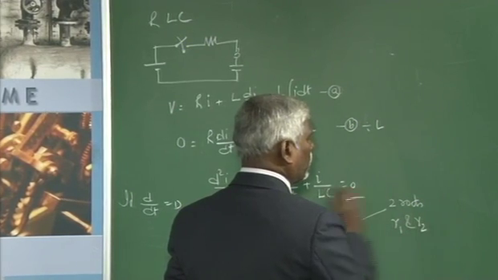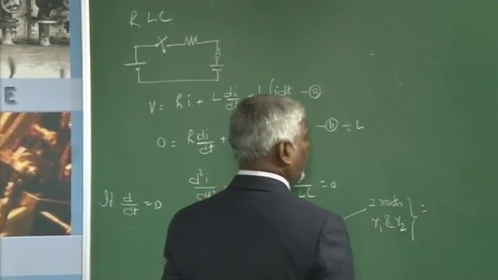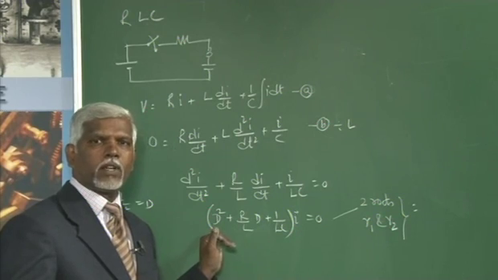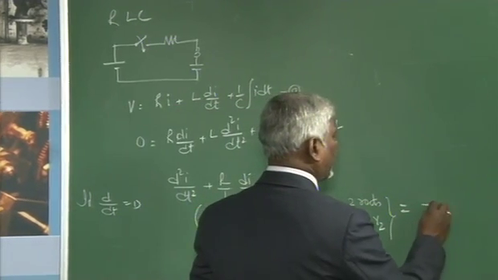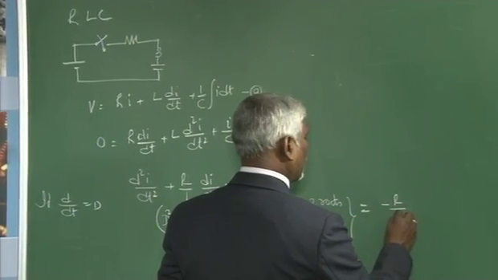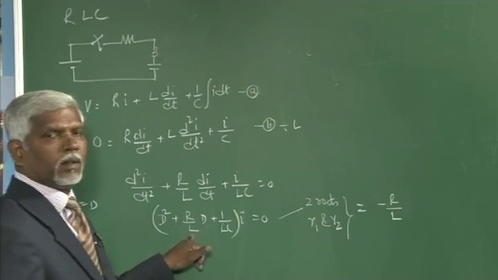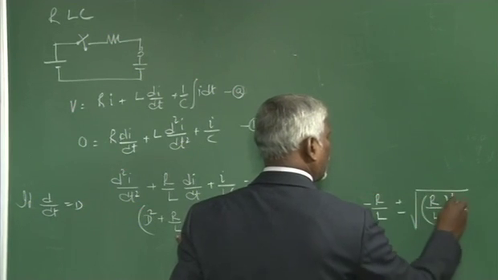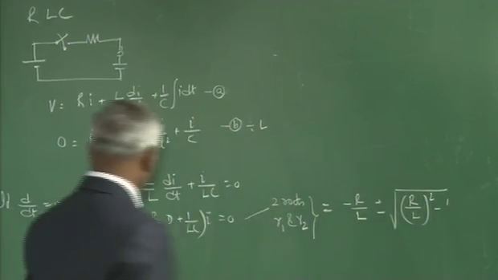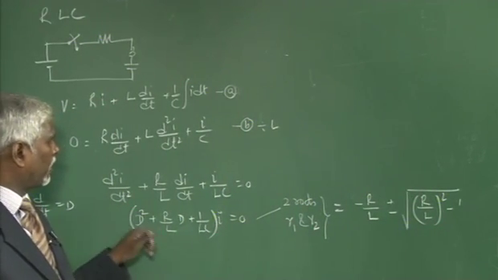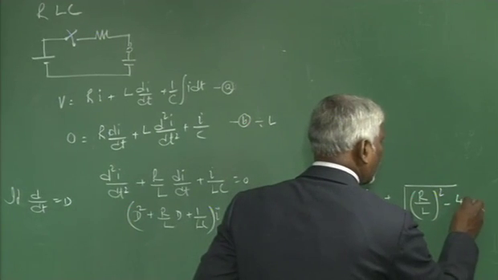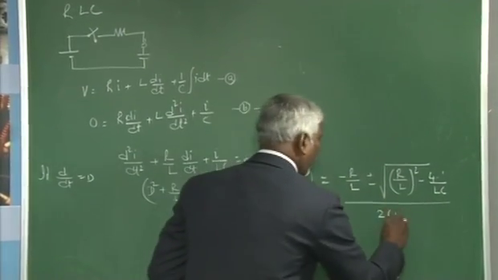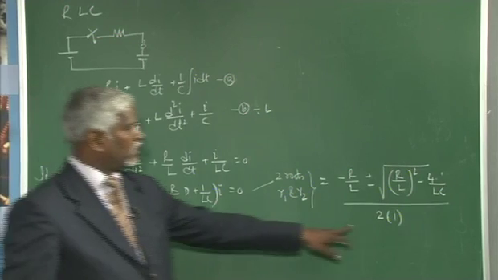The two roots, R1 and R2, of a second order equation are simple: minus b plus or minus root of b squared minus 4ac, divided by 2a. Here 4ac is 4 into 1 by LC, and 2a is 2 into 1; don't take it as 21, it is 2.